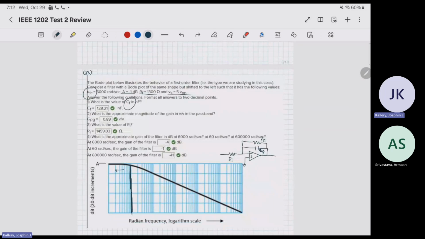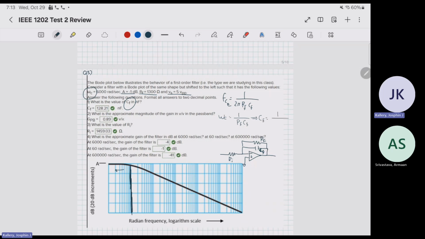So frequency at cutoff equals 1 over 2 pi RF CF, right? If I give you frequency and you multiply by 2 pi, that gives you your angular frequency, right? So if I multiply this by 2 pi, I get angular frequency. So then I'll have omega C equals 1 over RF CF, and then I'll rearrange to find CF.